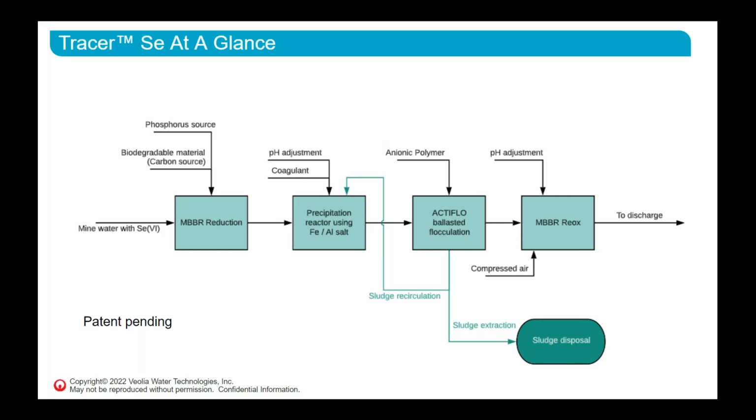And finally, another biological reactor reoxidizes the remaining selenium in the water back to selenate. So it's basically a combination of equipment that is already in use in hundreds of locations, but it's a new approach and it has some distinct advantages that we're going to be covering.